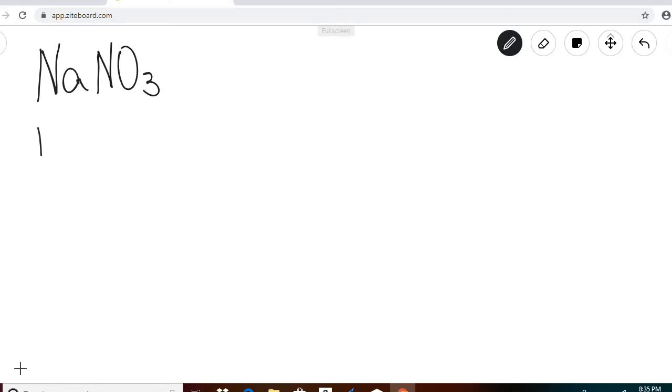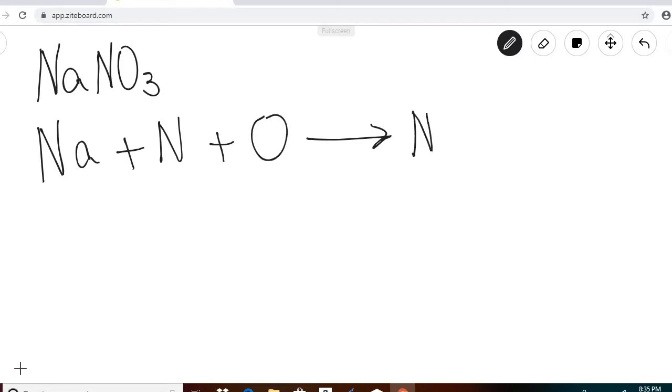So to form that, it's going to form from sodium plus nitrogen plus oxygen, which is going to give us NaNO3. However, you have to remember that these are both homonuclear diatomics.